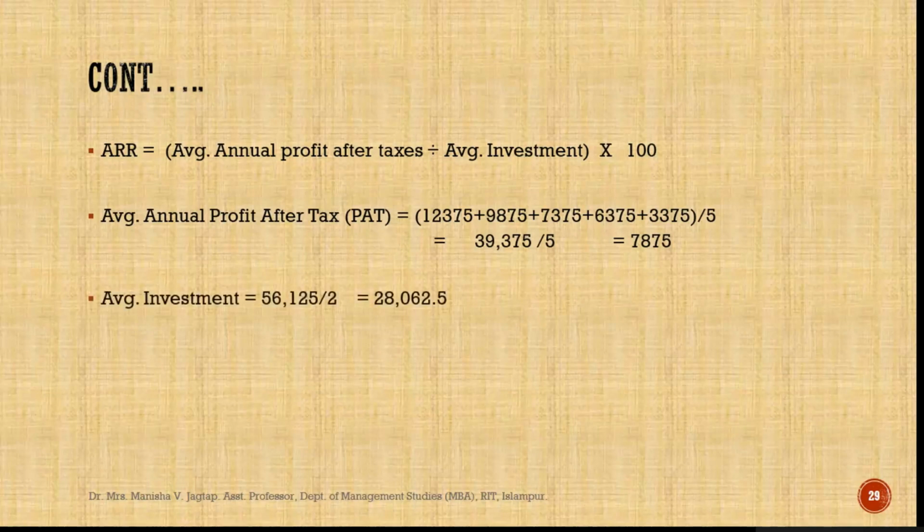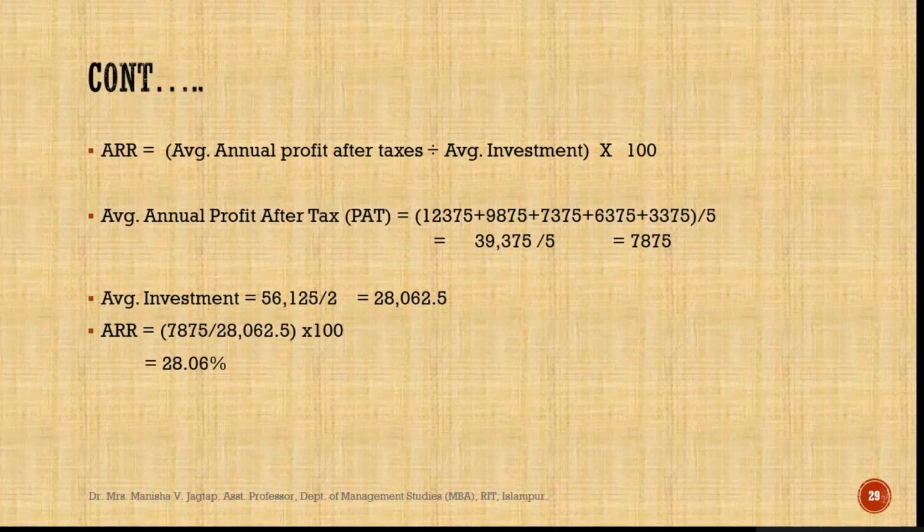Then average investment, again the same amount we are arriving at, that is 28,062.5, and therefore average rate of return of machine B is also the same as machine A, that is 28.06%.